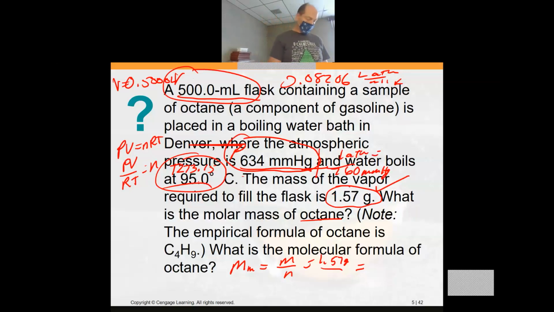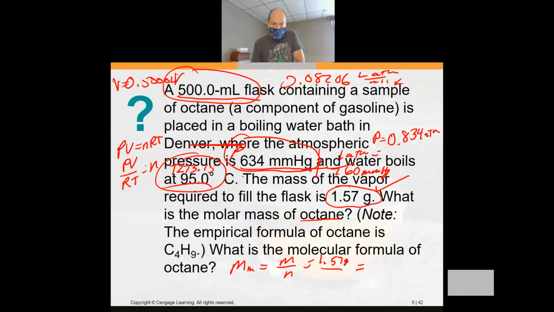When you take your 634 and divide by 760, you get 0.834 ATM. Now you've got the right units for pressure. And temperature is always in Kelvin.